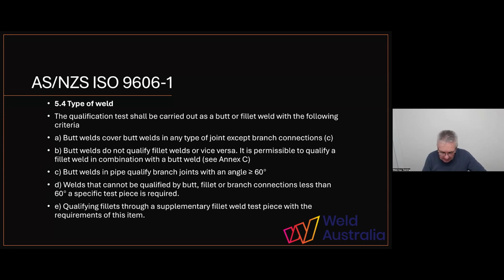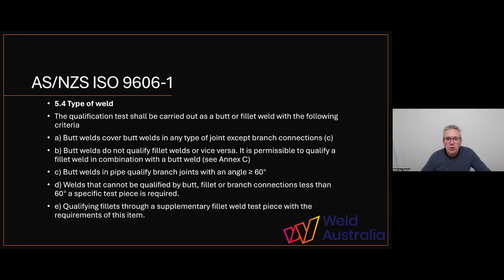Now you'll notice there that in the standard, it's got the little letter C. So you could then go down to C, and it says there, butt welds in pipes qualify branch joints with an angle equal to or greater than 60 degrees. So it's already saying there, butt welds cover butt welds in any type of joint except branch connections. But if you go down, providing the branch is equal to or greater than 60 degrees, we can then qualify it from a butt joint.